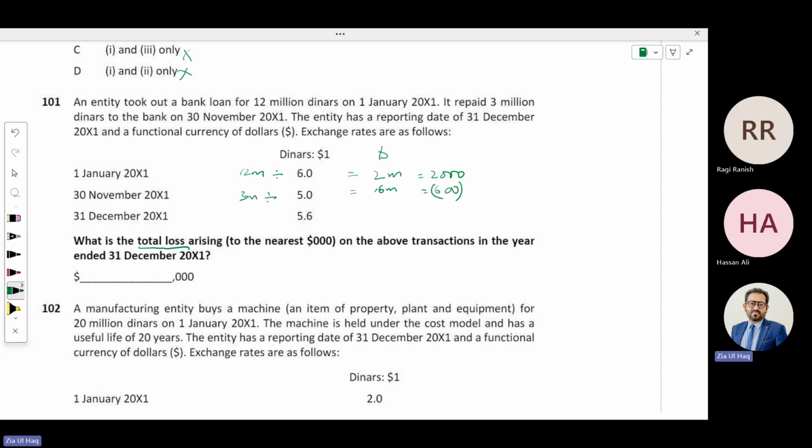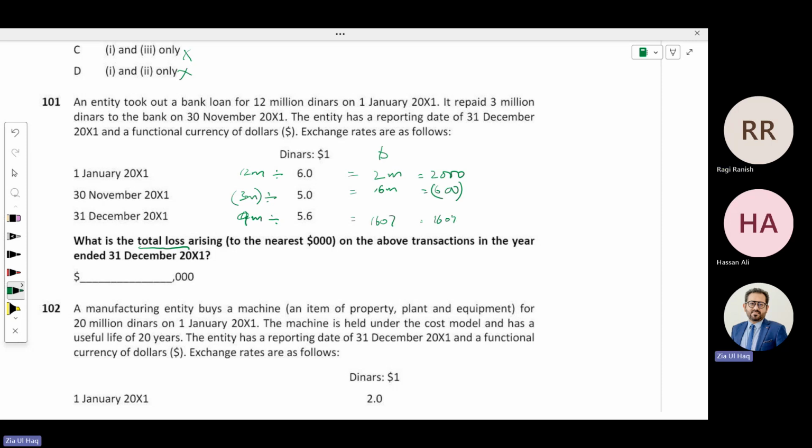This means out of 12 million, you have paid 3 million. How much is remaining? 9 million. At the closing rate this is 1,607,142.